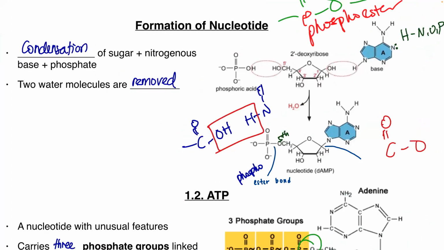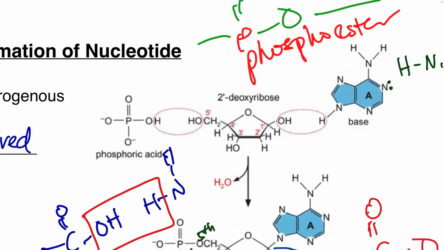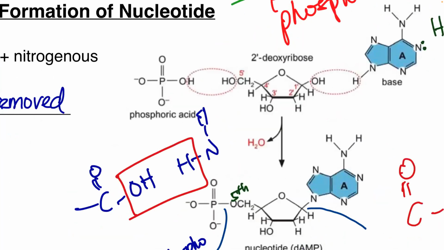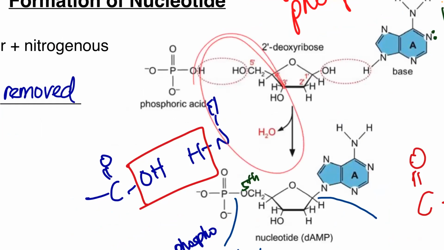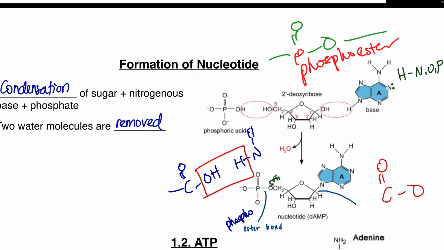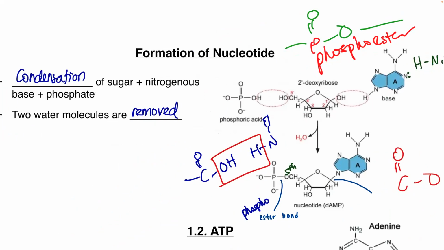In the case of nucleotide formation, you have a phosphate group undergoing a condensation reaction with the ribose, and the ribose sugar also undergoes condensation with a base. This is the part where condensation occurs, and then they will be linked together.